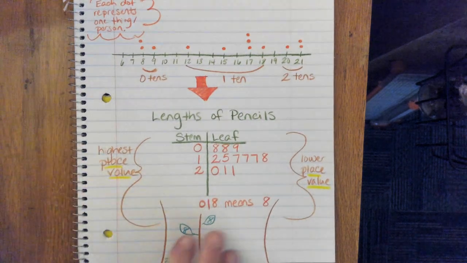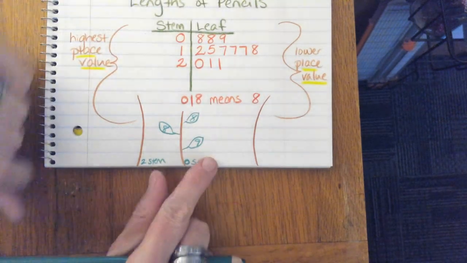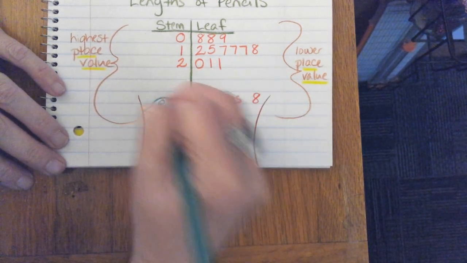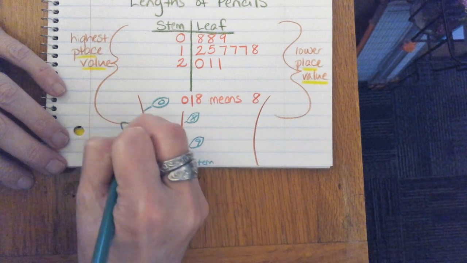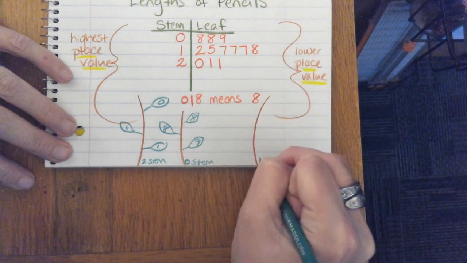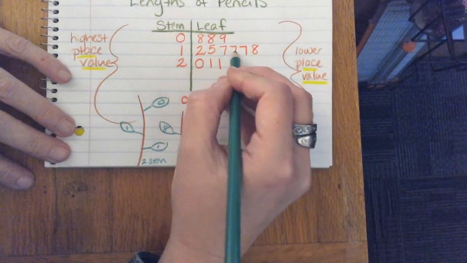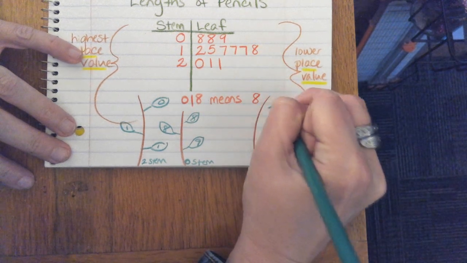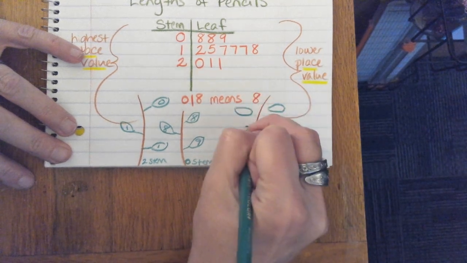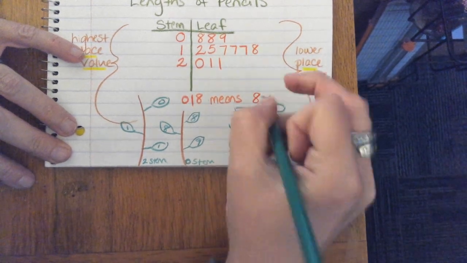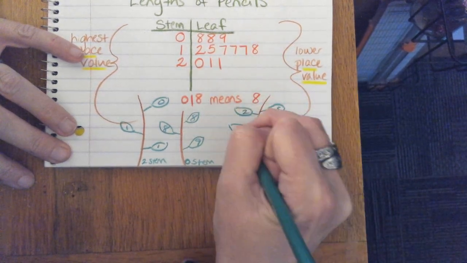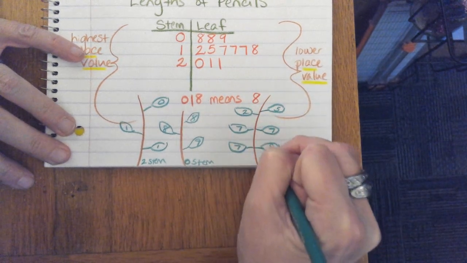Here's my 2 stem. So 0 stem, 2 stem. My 2 stem has 3 leaves. It has a 0 leaf, and then it has 2 1 leaves. My 1 stem has 6 leaves: 2, 5, 7, 7, 7, 8.